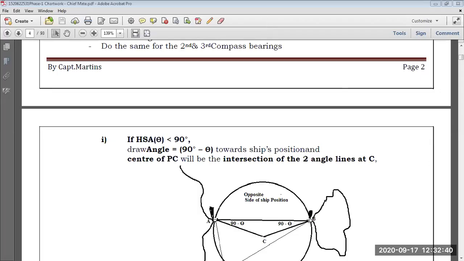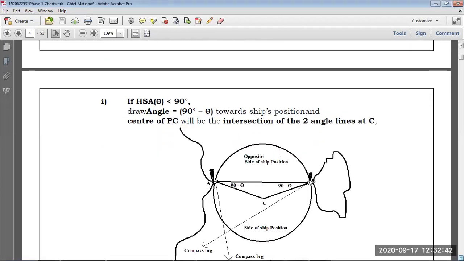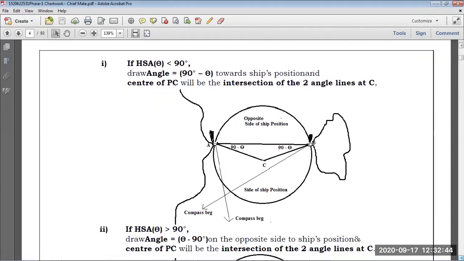The first case is if the horizontal sextant angle between the two lighthouses is less than 90 degrees, like we saw now. Most of the cases, the horizontal sextant angle will be less than 90 degrees. So what we do, we take 90 minus the horizontal sextant angle, towards the ship position, and the center of the position circle will be the intersection of the two angle lines at C.